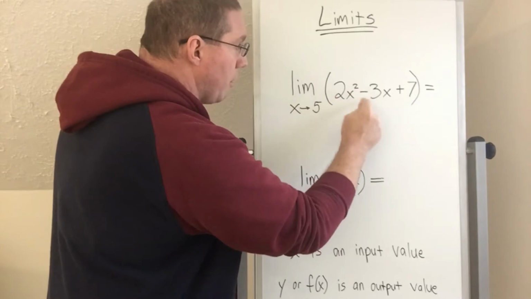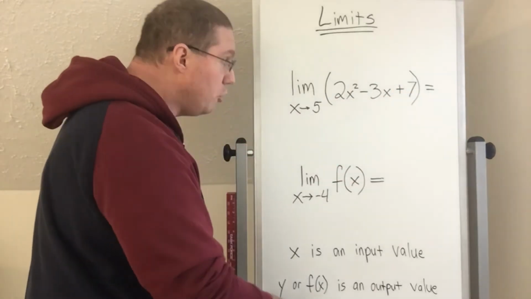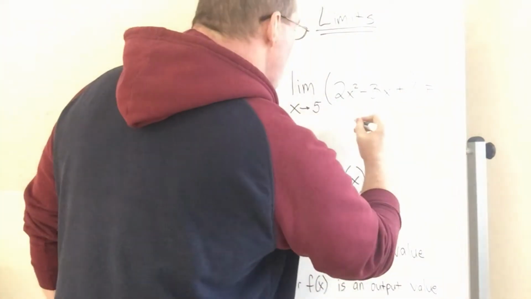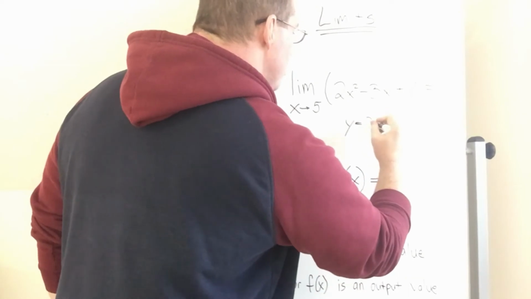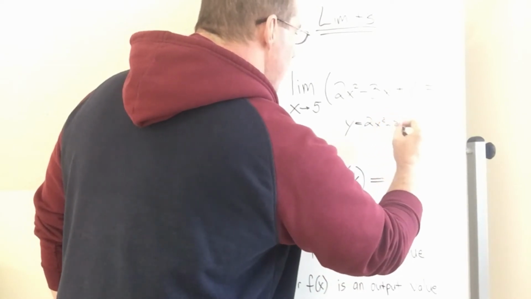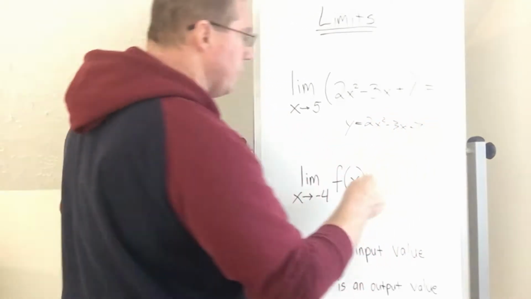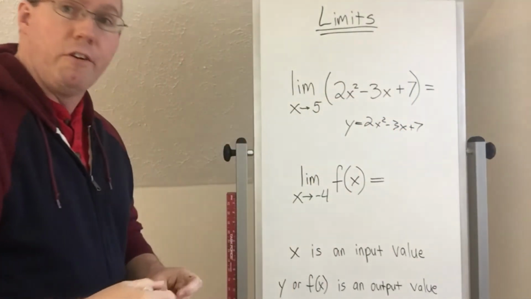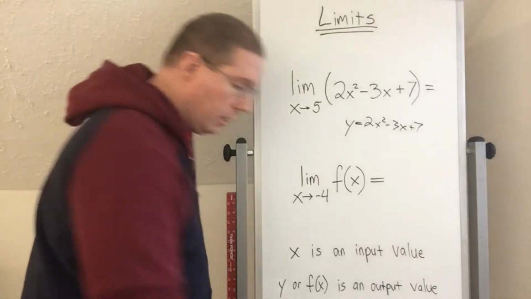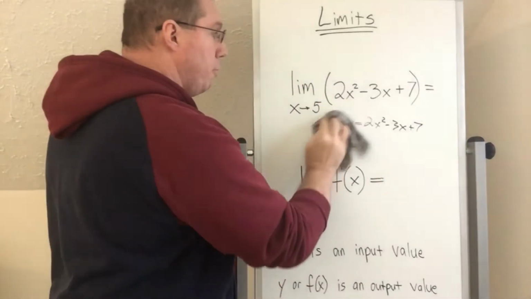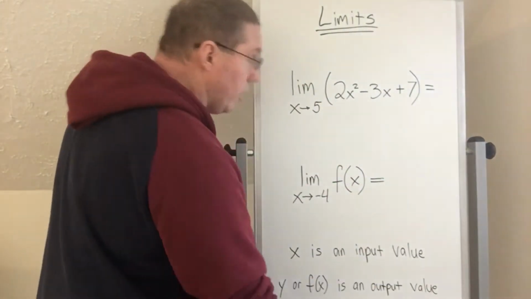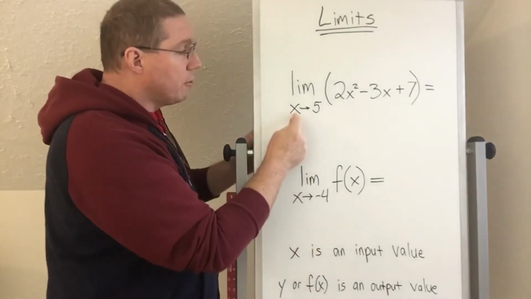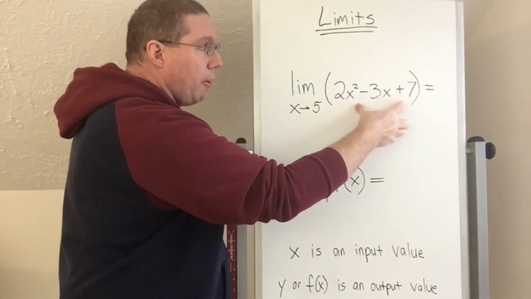If you see 2x squared minus 3x plus 7, usually what that means is that y is equal to 2x squared minus 3x plus 7. And so this function in here is just a representative of the output function, or the output variable, or the output value, okay? So here's the input, here's the output.